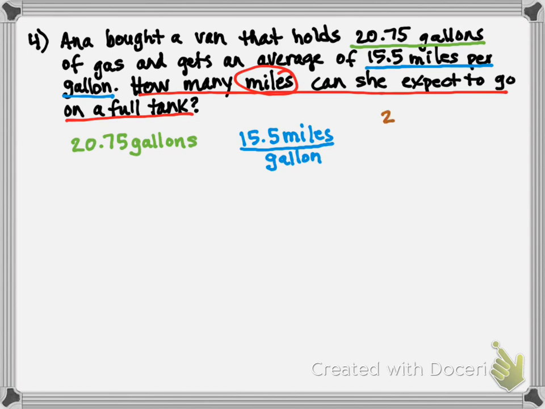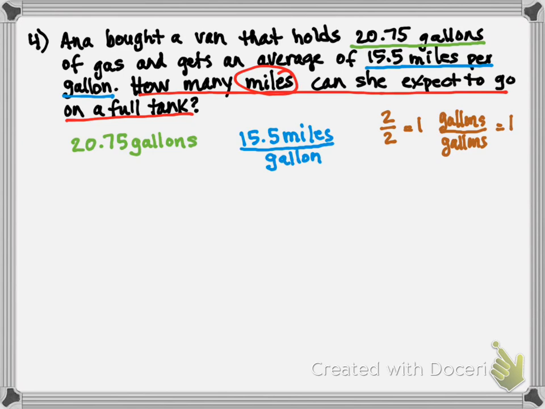If I had 2 divided by 2, that gives me the answer of 1. This idea of something divided by itself equals 1 actually holds true for words as well. So if I have gallons over gallons, that also is going to equal 1.